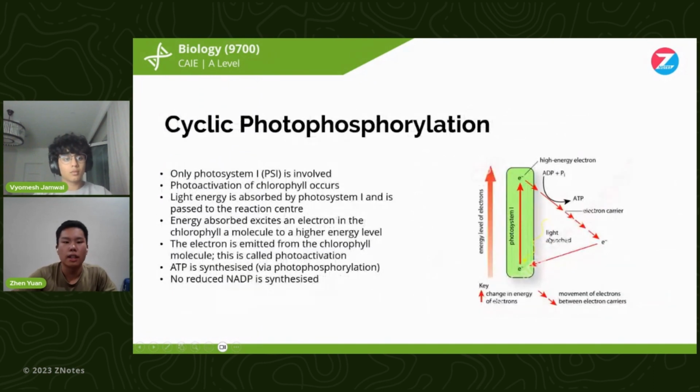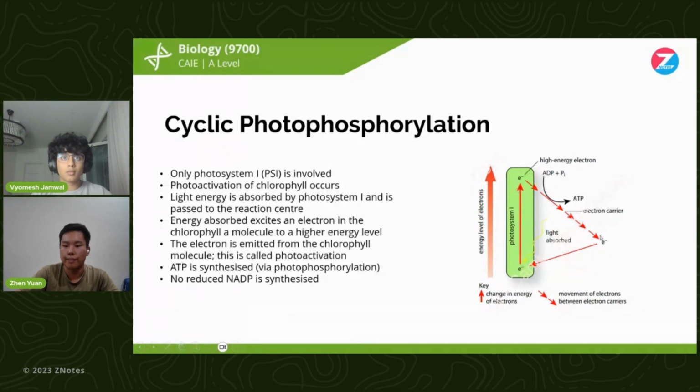So let's move on to your very main topics of today. Cyclic photophosphorylation. So what occurs here? What is it actually? Well, you can see it's cyclic, so it occurs in a cycle.